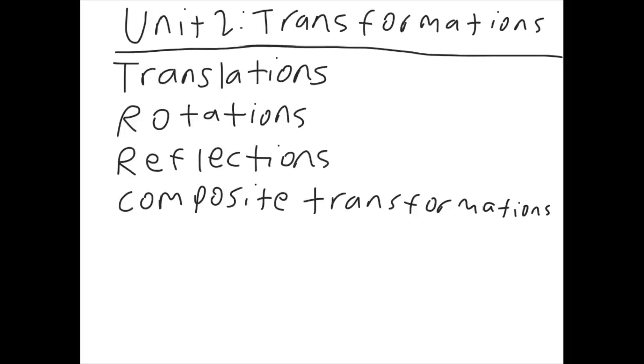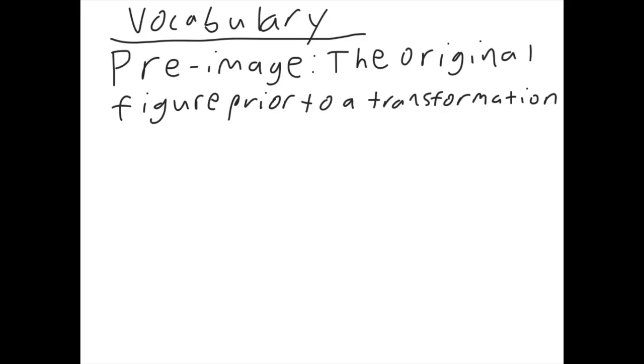There's also another kind of transformation, which is known as dilation, but we won't be doing that in this unit. We'll see it later on a couple units from now. Today, though, we're just going to talk about translations, and we're going to be moving objects, as I mentioned before in the learning target. To start off, we're going to look at some vocabulary about translations and transformations in general.